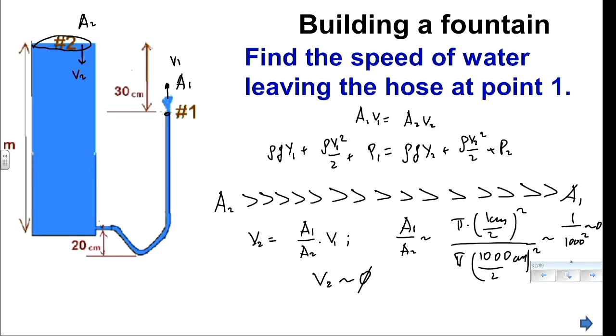Now we have to use the Bernoulli's equation, and to do that we need to choose the origin. And these are the points we use to consider the motion of this fluid. So the natural choice for the origin is at the lowest of these 2 points.